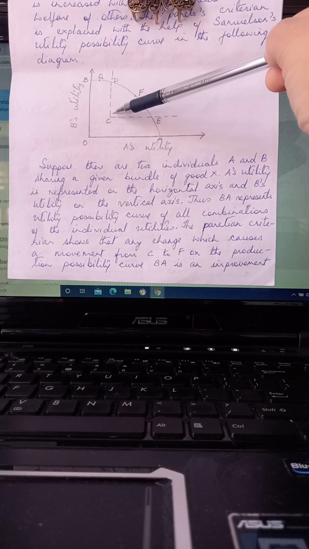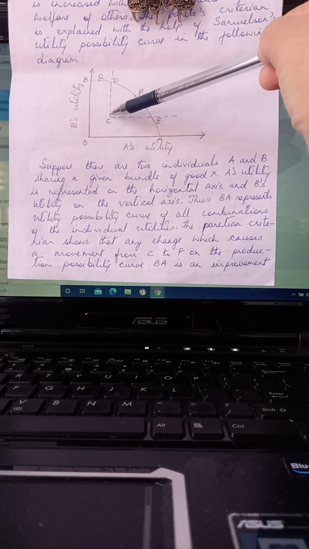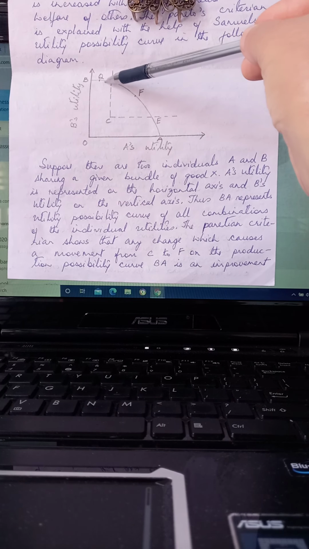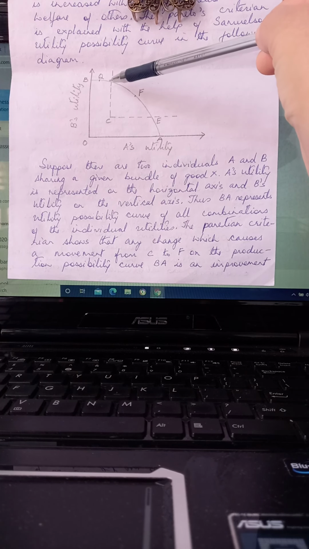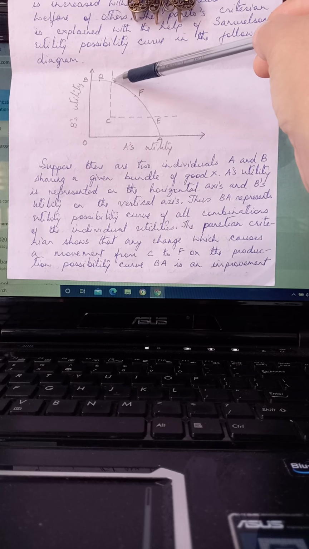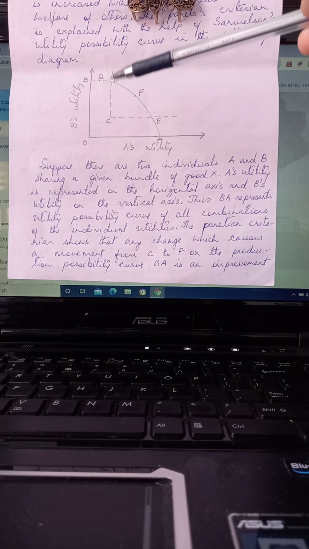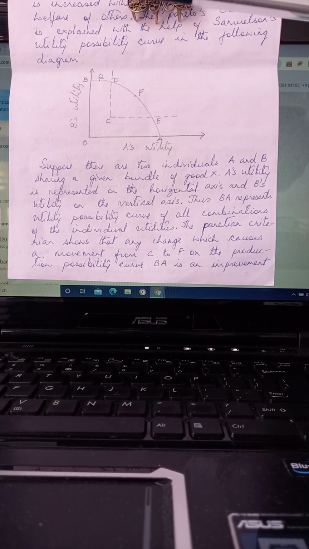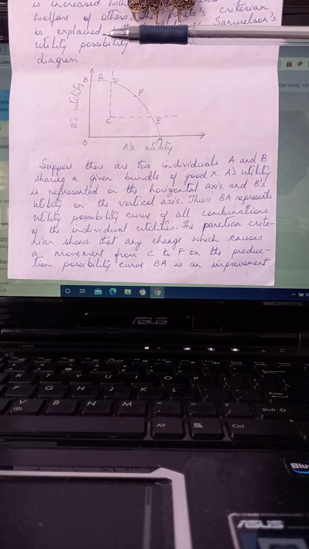Later, through the steps undertaken by the government, B's utility has increased from point C to point D. Even though there is an increase in B's utility from point C to point D, the objective of social welfare can still be achieved as suggested by Pareto optimality.